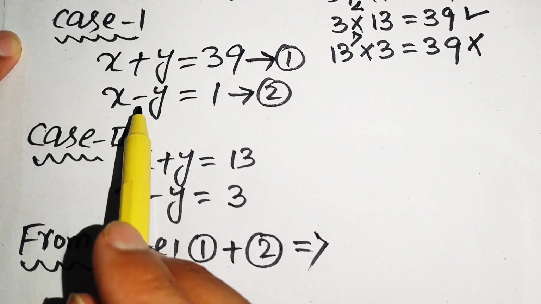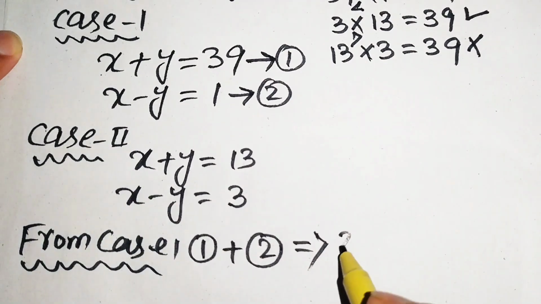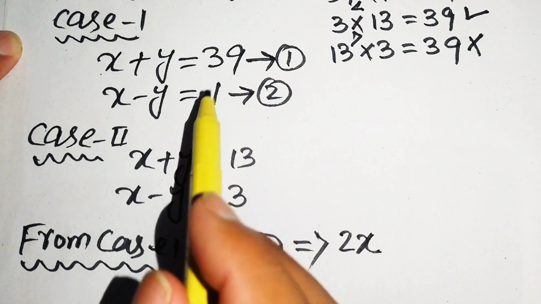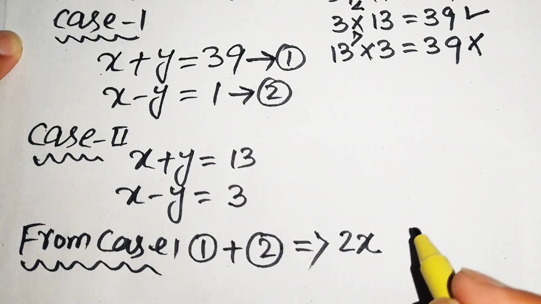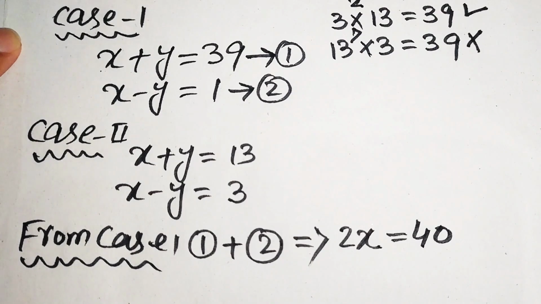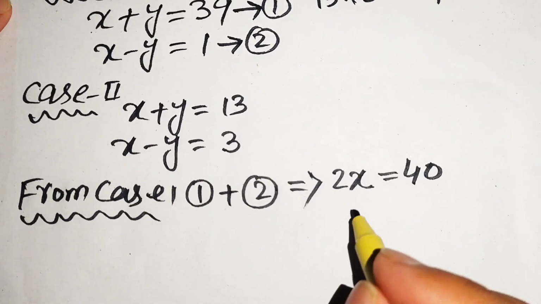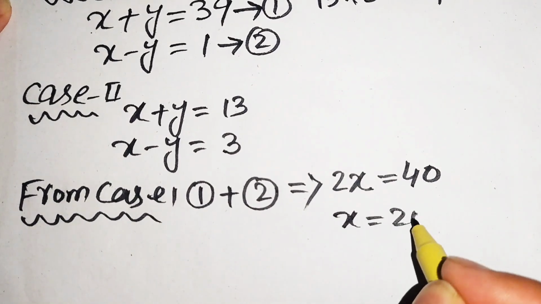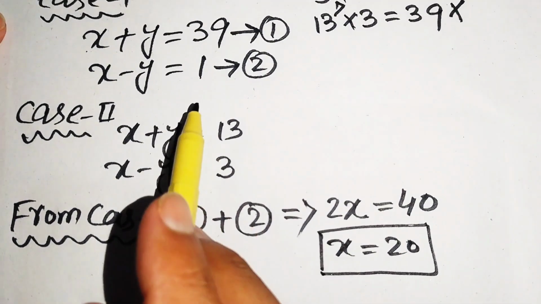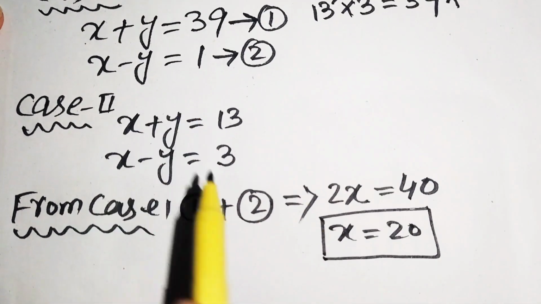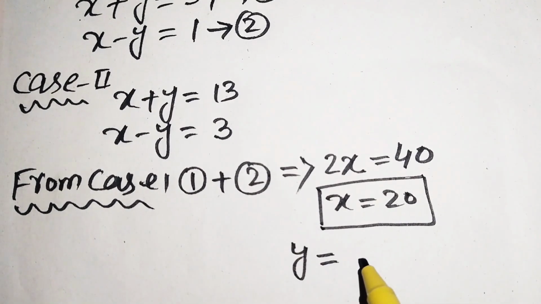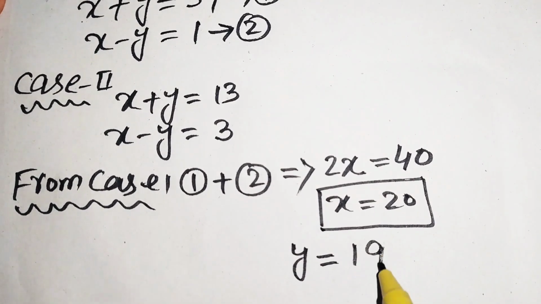When we add them, x plus x becomes 2x, the positive and negative y are gone, and we have 39 plus 1 equals 40. So we easily get the value of x equals 20, and when we substitute this value of x in equation number 2, then we easily get the value of y equals 19.